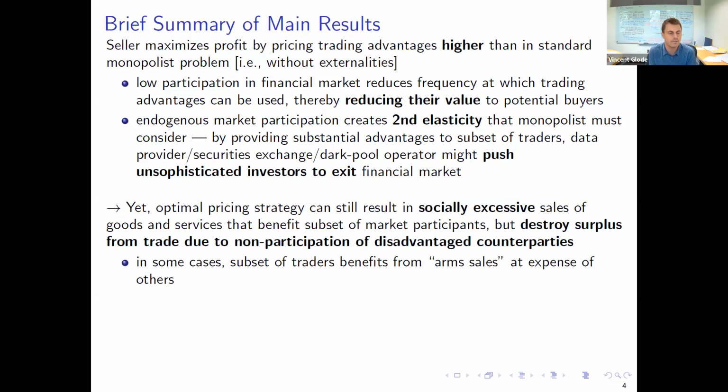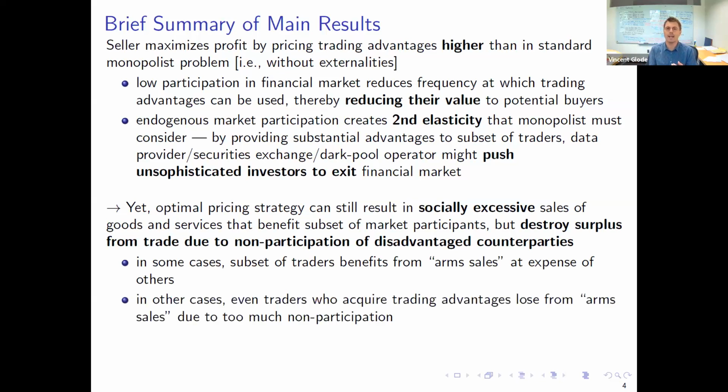From the sales of the trading advantages. But in other cases, we'll show that even the traders who acquire the trading advantage will prefer if that trading advantage didn't exist, because that trading advantage in equilibrium will lead to too much non-participation. It will make markets too rigged.